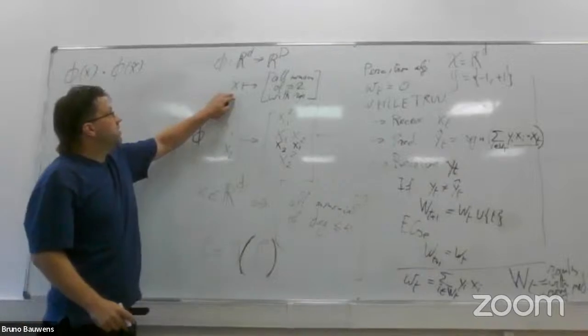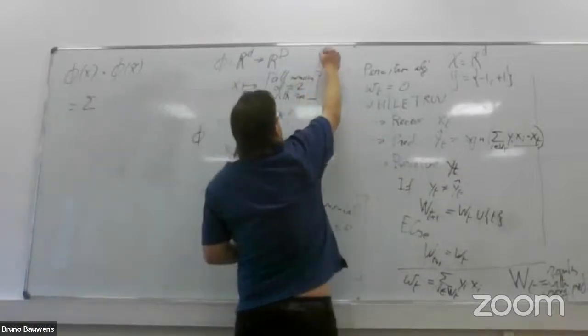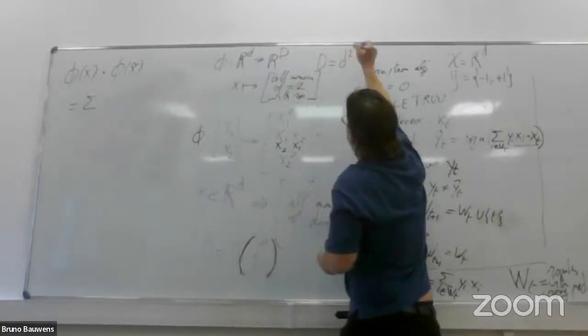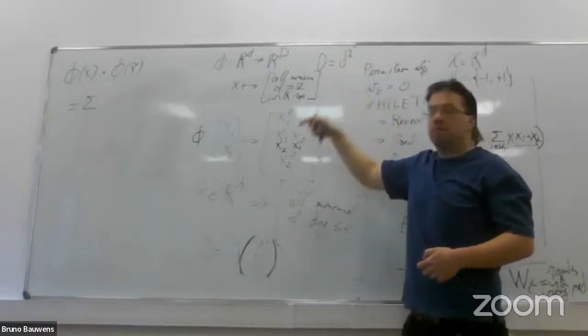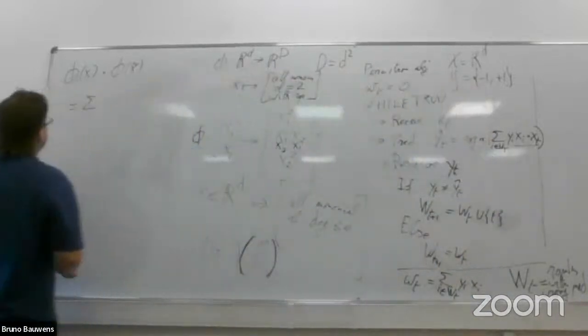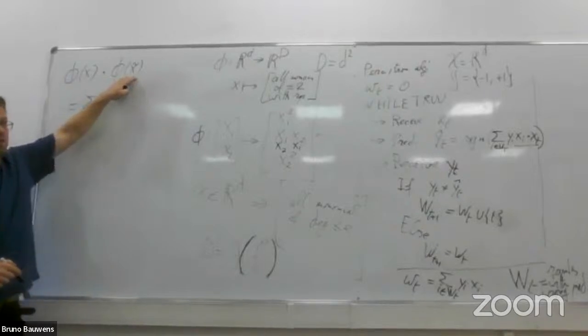So a vector where D is exactly equal to d squared. Okay. So now let us evaluate the dot product.